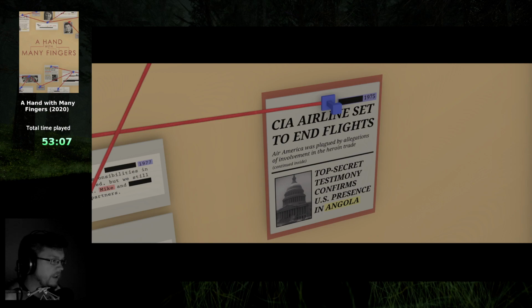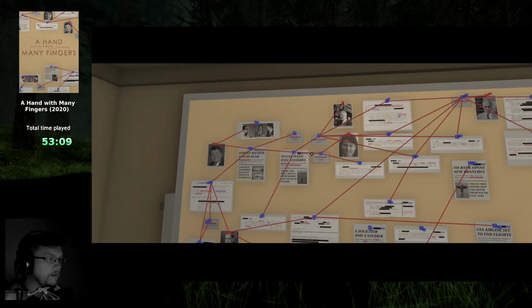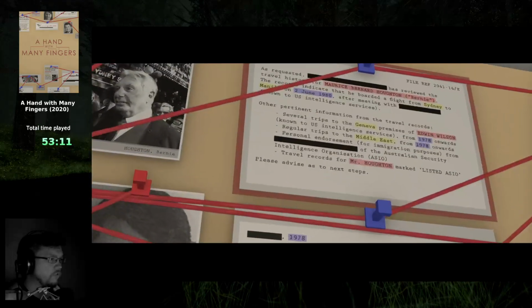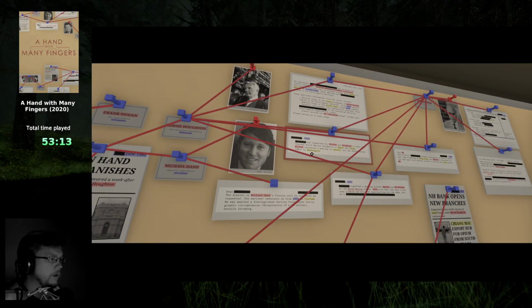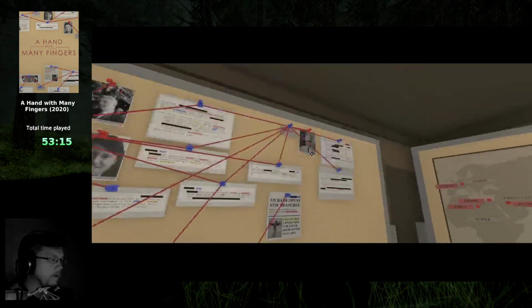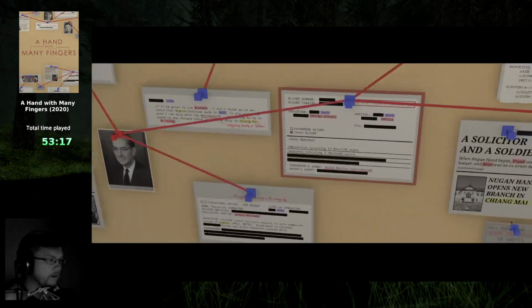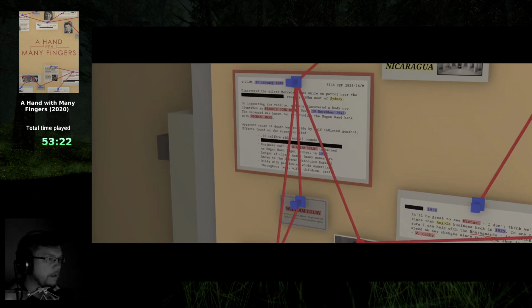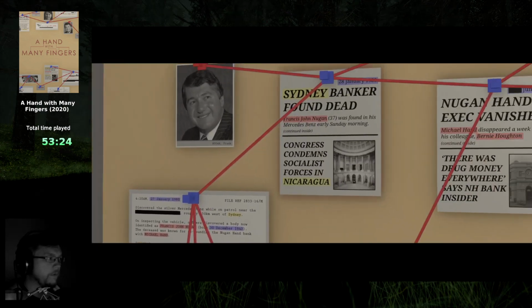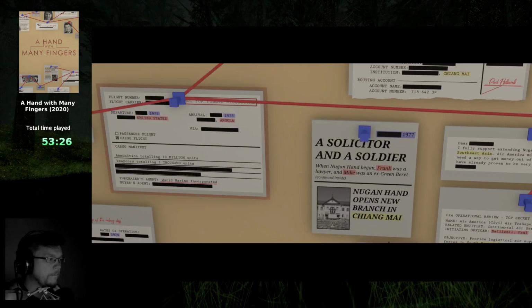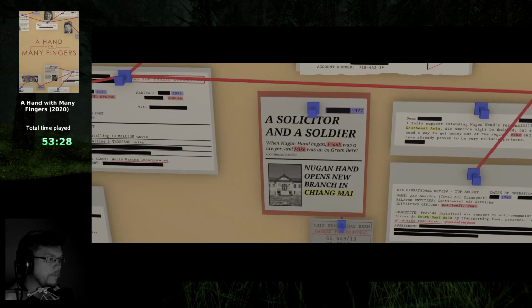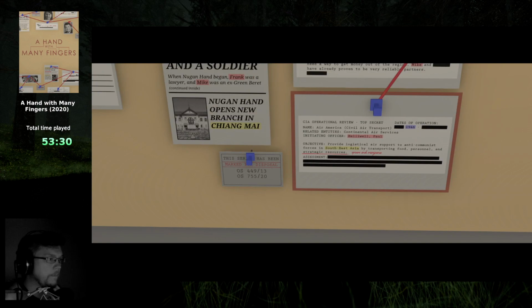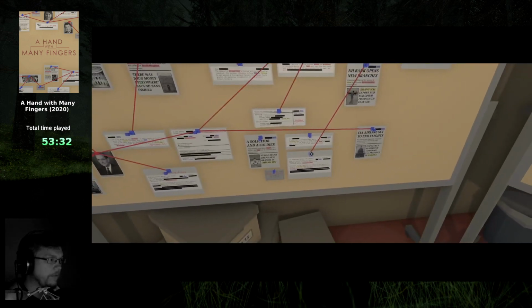And heroin trade might be related to... I know I have a note of it somewhere in here. Right there.